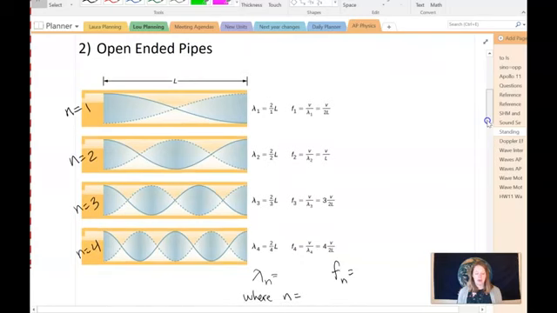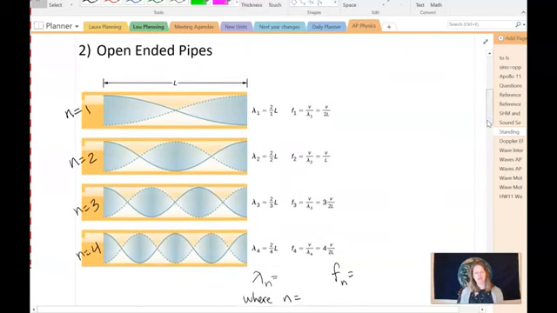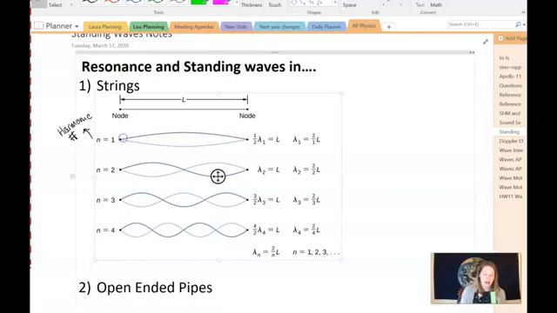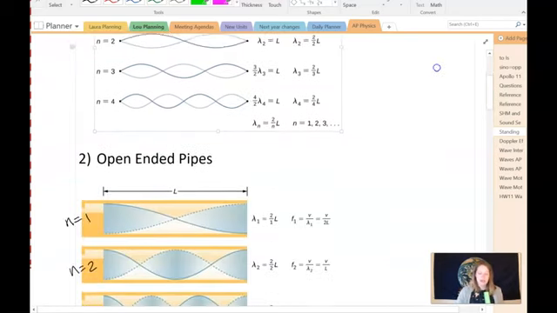An example of an open-ended pipe would be like a wind chime, where I have this boomwhacker here that we will analyze. And the symmetry that exists in the strings, where you have the same thing at both ends, a node here and a node here, you see in the open-ended pipe.